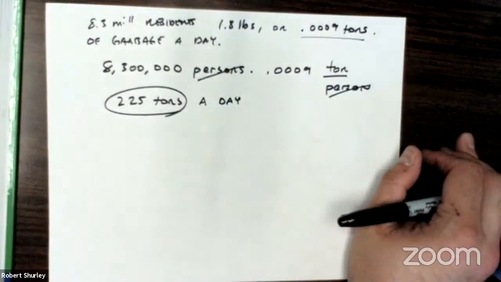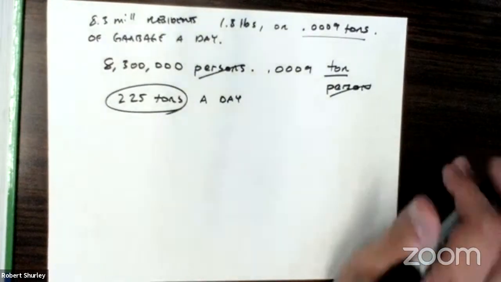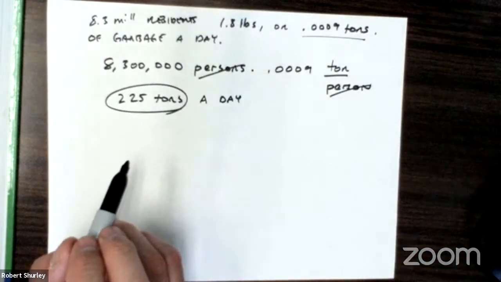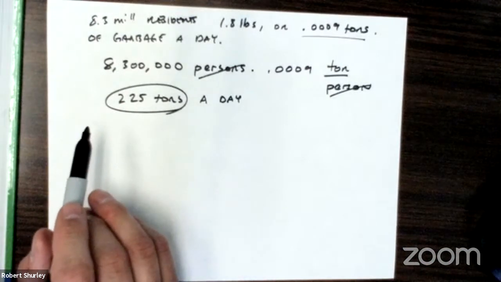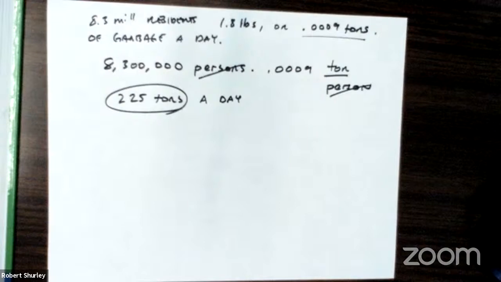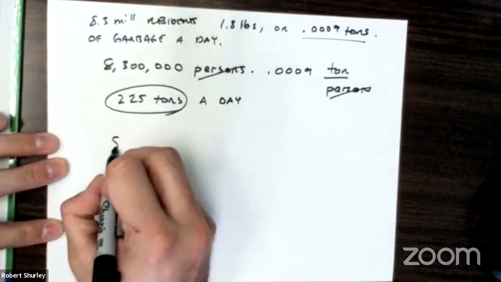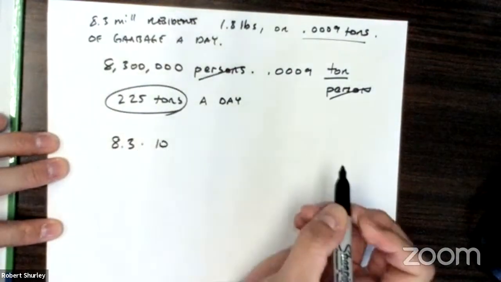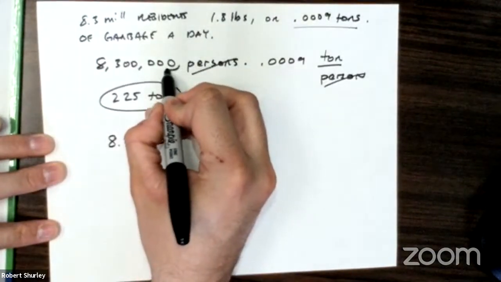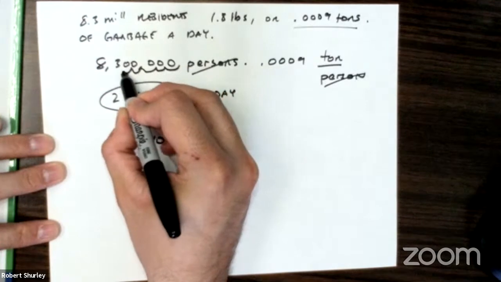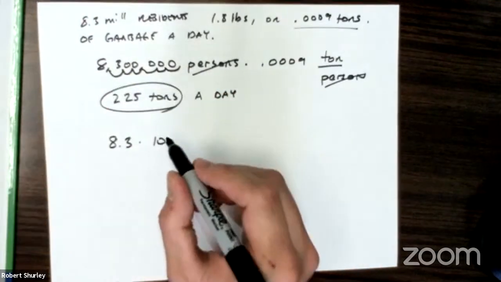Okay. So now the goal of this question, though, is actually to see if you can check it using scientific notation. Now the solution, you can write 8.3 million as 8.3 times, now let's write this in scientific notation. 8.3, so I'm going to move it 1, 2, 3, 4, 5, 6.